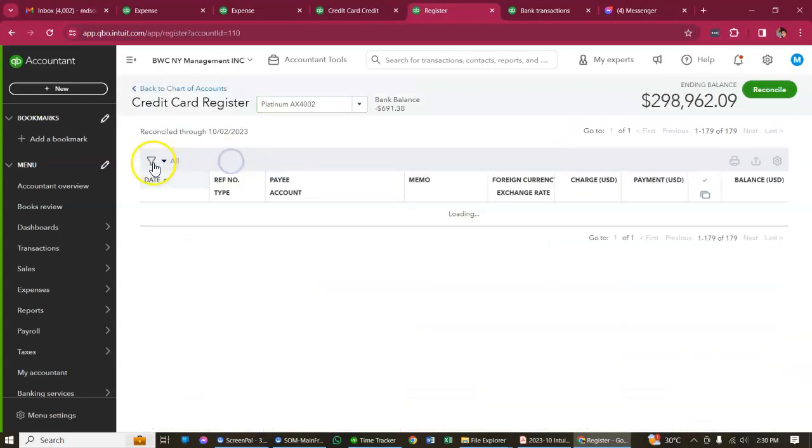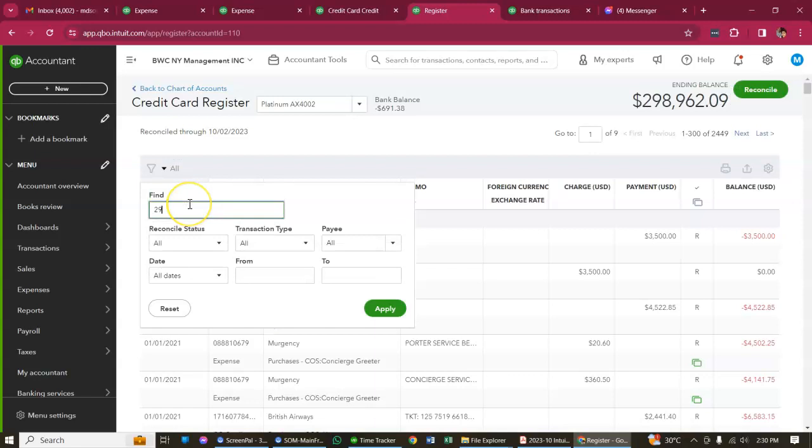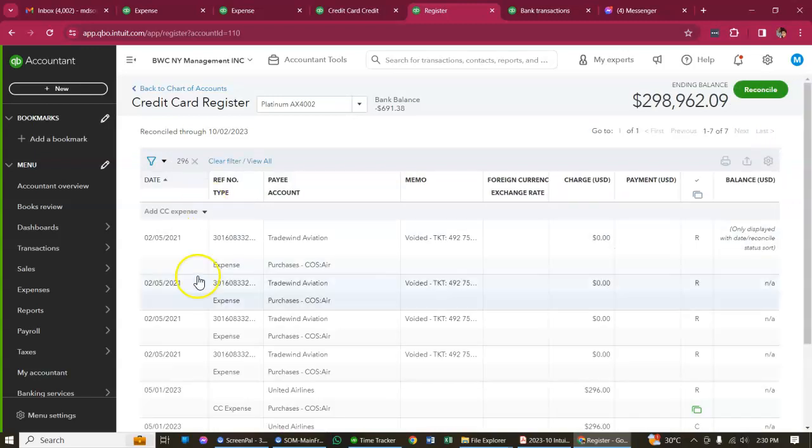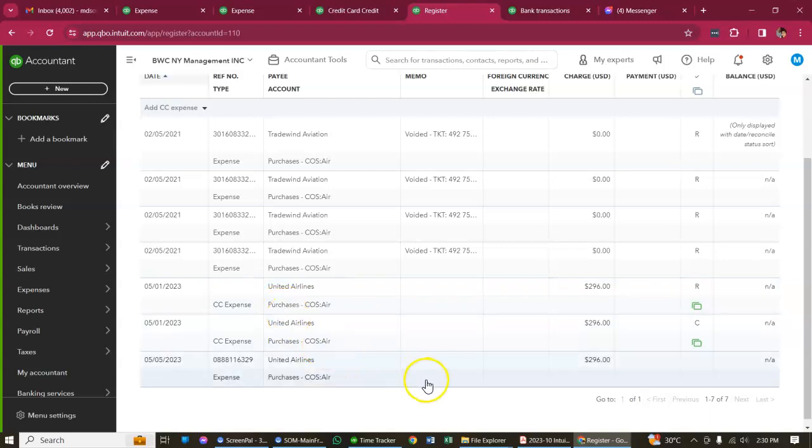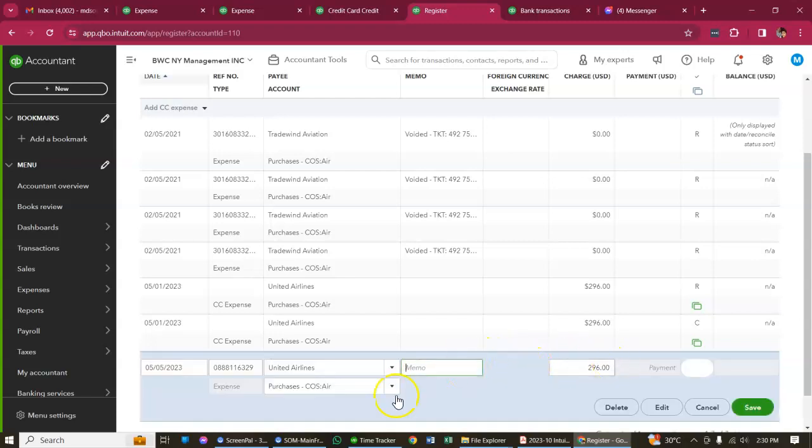Okay, so we find only 296. So in this case, what you see is that we have 296 that were recorded. Okay, and the other one is reconciled.